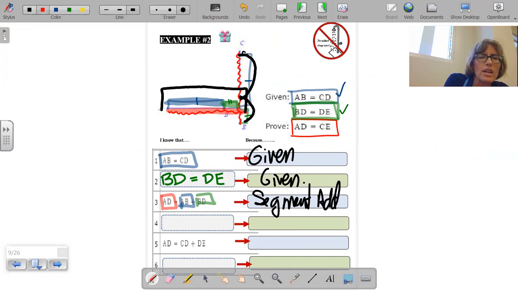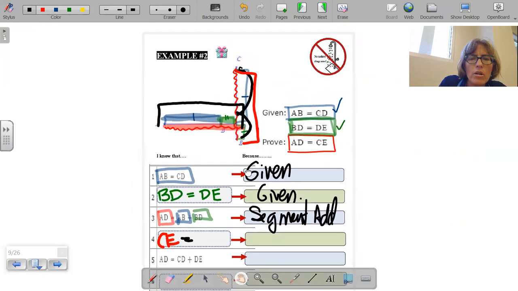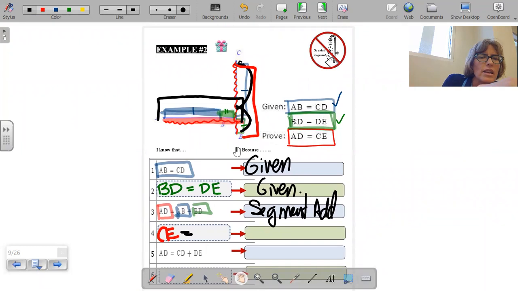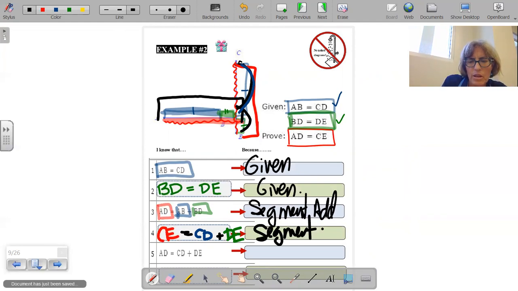And what we need to say is true before that is right here in the red: CE is equal to CD plus DE. That's a true statement, and that's also segment addition.